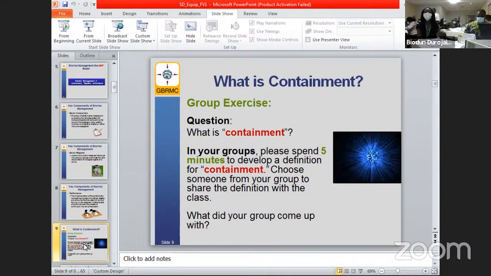That is, as you are thinking of it in your own heart, what do you understand containment to mean? So it is time for you to embrace your charts, a few charts, to write for us in your groups what you understand containment to mean.